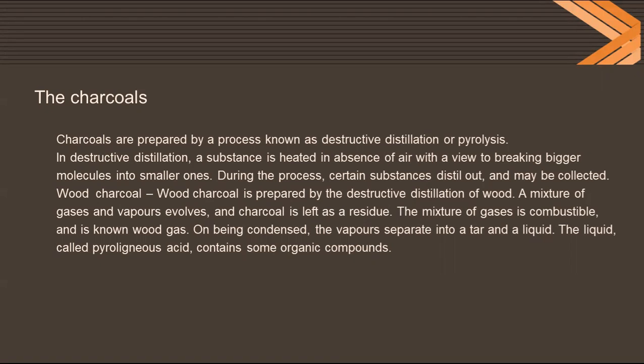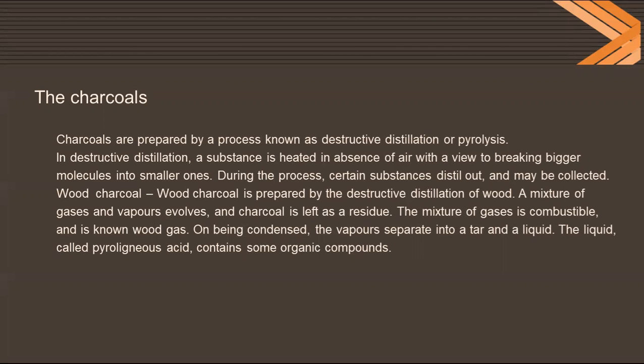Wood charcoal. Wood charcoal is prepared by the process of destructive distillation of wood. A mixture of gases and vapors evolves in this process, and charcoal is left as a residue. The mixture of gases is combustible and is known as wood gas.